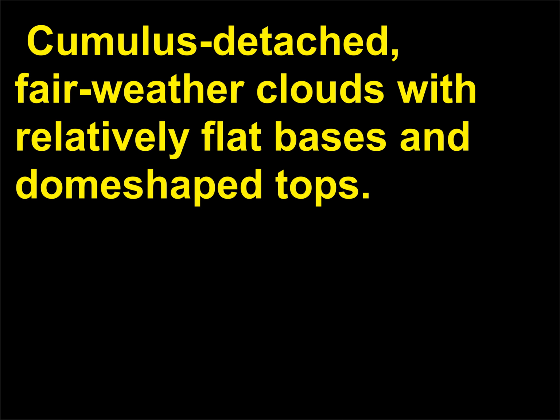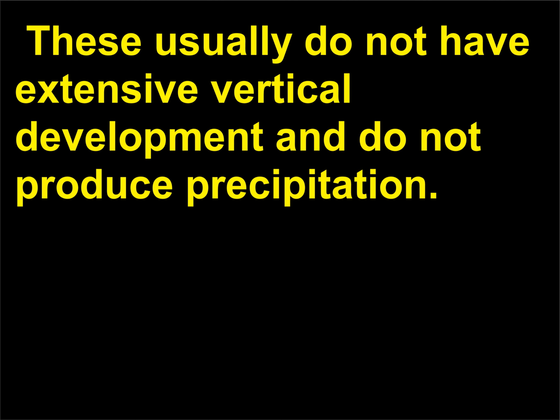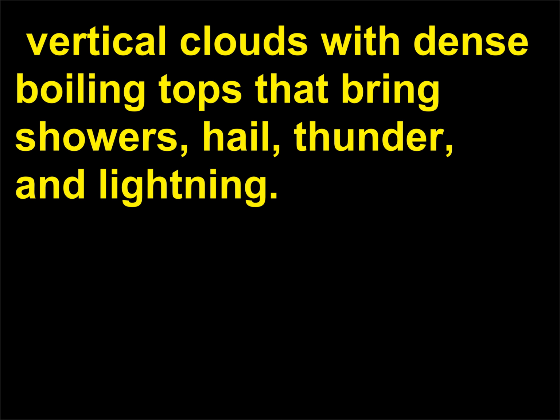Cumulus: detached, fair weather clouds with relatively flat bases and dome-shaped tops. These usually do not have extensive vertical development and do not produce precipitation. Cumulonimbus: unstable, large, vertical clouds with dense boiling tops that bring showers, hail, thunder, and lightning.